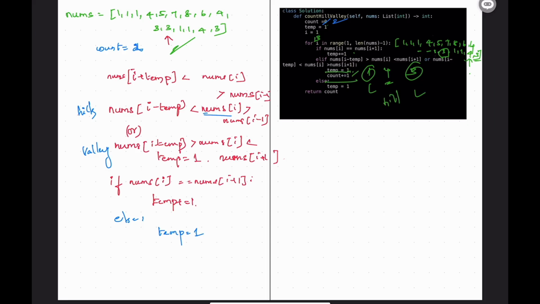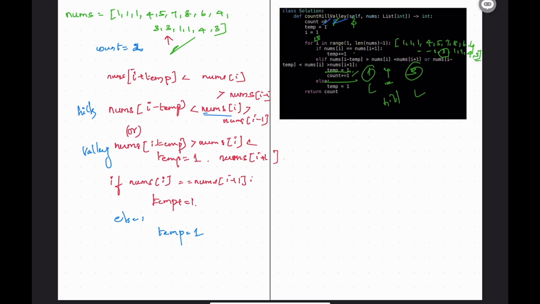So again update the count and update the temp to 1. So now the count got incremented. The last integer we won't check, because we are traversing till length of nums minus 1. We won't check it because there is no element on the right.